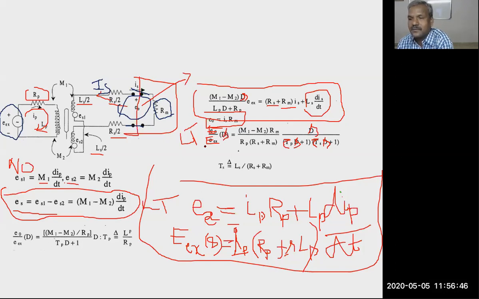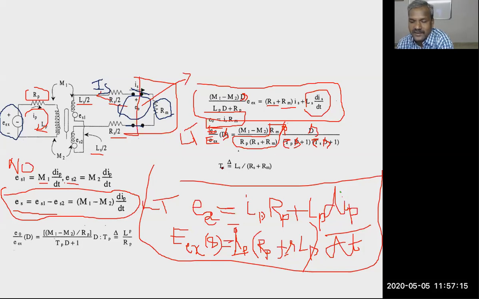E0 of S by EX of S should be equal to M1 minus M2 divided by RM by RP. This is a constant, right? You can treat it as K, RM by RP, into 1 plus tau P S, into tau S plus 1.